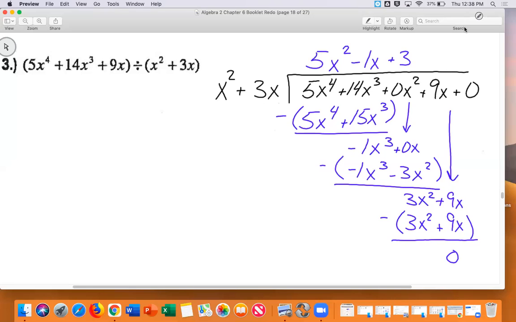No. Close. You're close. It does have something to do with solutions, but it's more or less that my divisor, x squared plus 3x, is a factor. Remember, we were talking about all the factors, right?